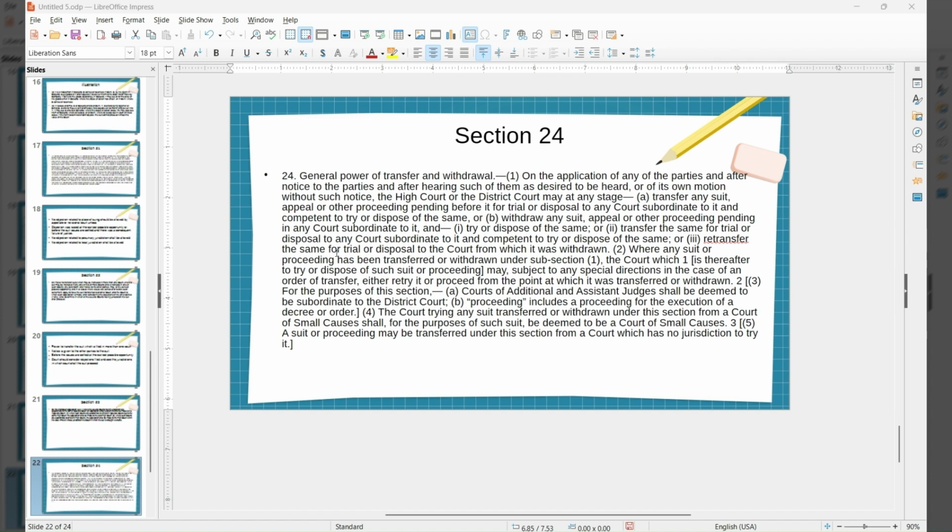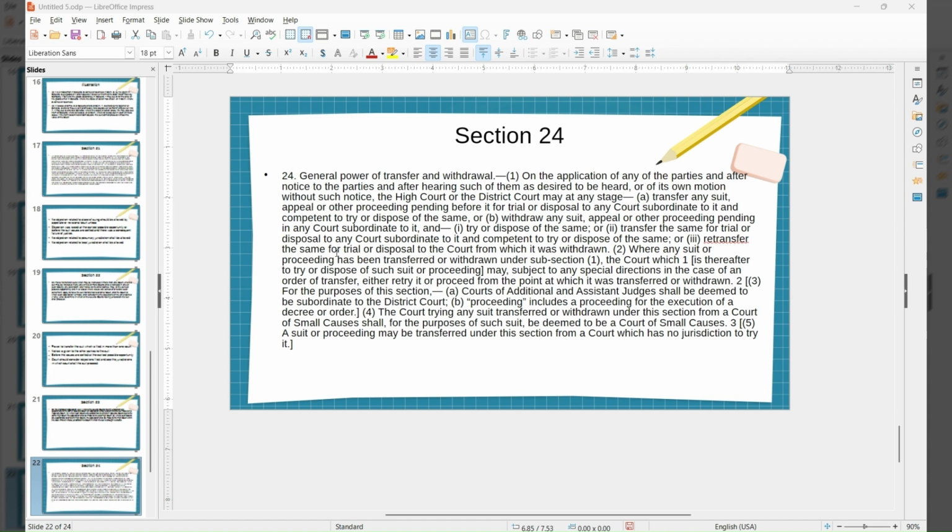Based on the application, they need to issue a notice and hear the pros and cons, why the transfer is needed.